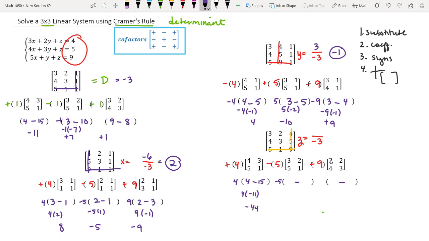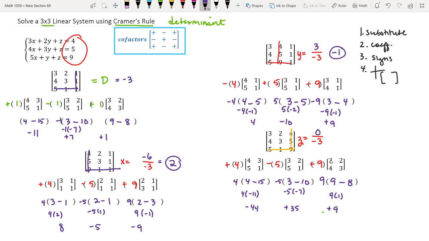And negative 5, 3 and 10, so negative 5 times a negative 7, which is a positive 35. Positive 9, 3, 8, 9 times 1, which is 9. And you go about it whatever way works for you, but 35 plus 9 is 44, minus 44 ends up with a 0.